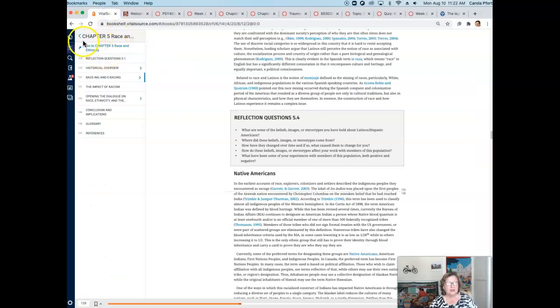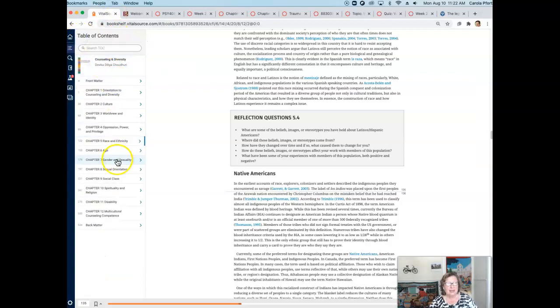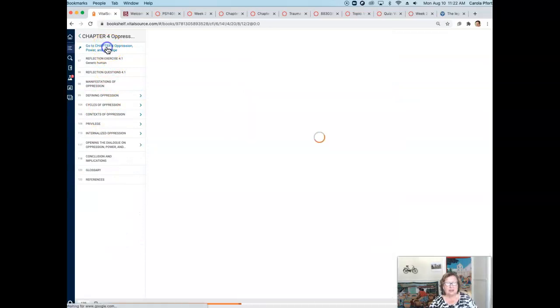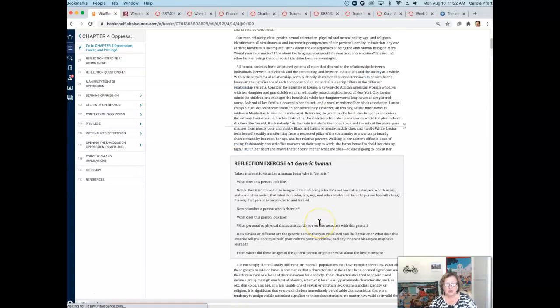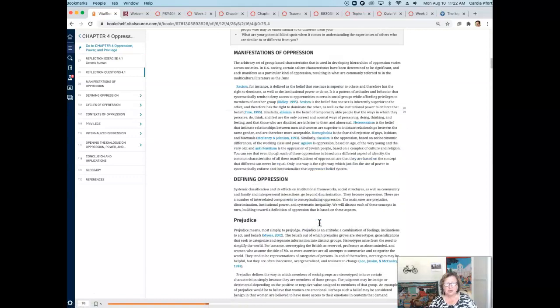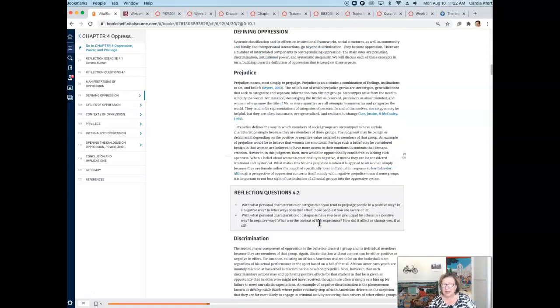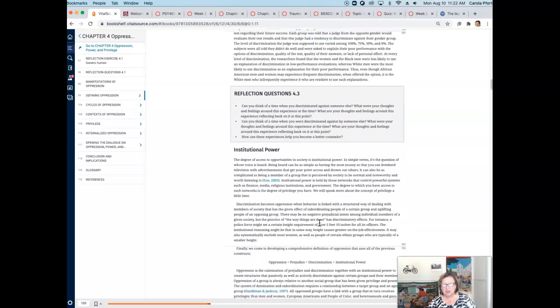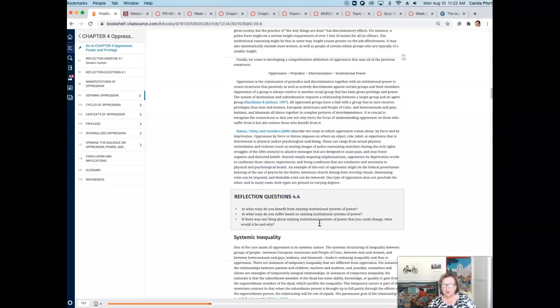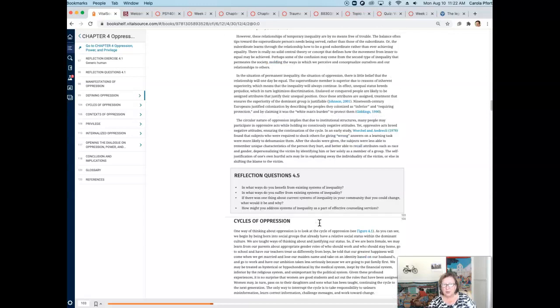If we're looking into chapter 4 and some of our readings here, you see that it gives us some definitions, of course, but it also gives us insights into the manifestation of oppression, defining prejudice, discrimination, institutional power, systemic inequality.